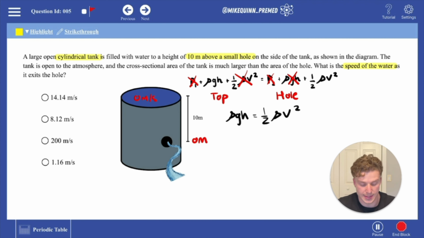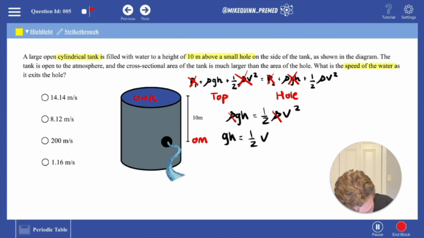The last thing we can cancel out here is rho. Rho is a fancy way of saying density, and the density for our liquid, in this case water, is going to be the same on both sides. So don't waste your time calculating this out, just cancel it out. Now you're just left with g h equals 1/2 times velocity squared.